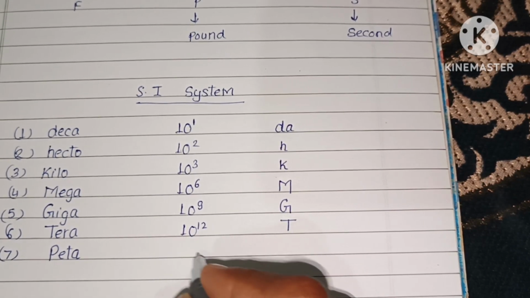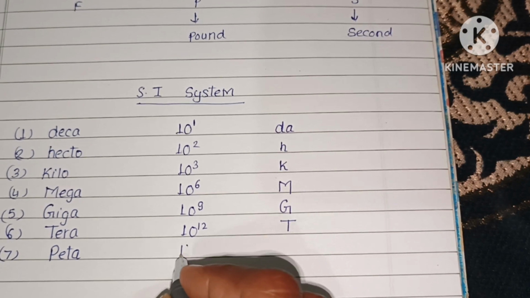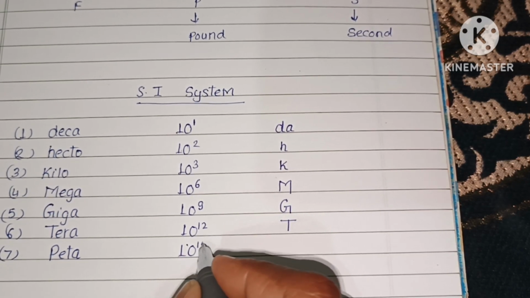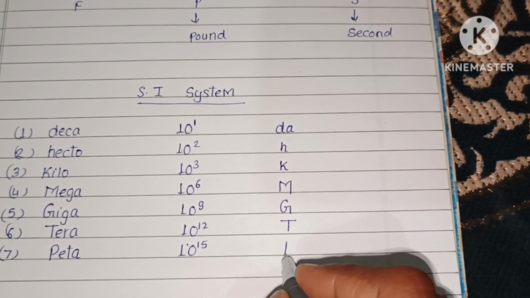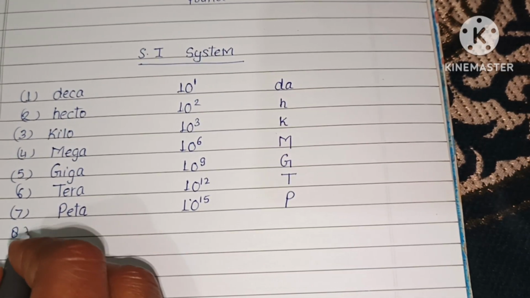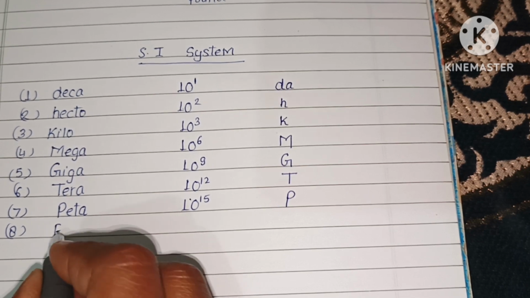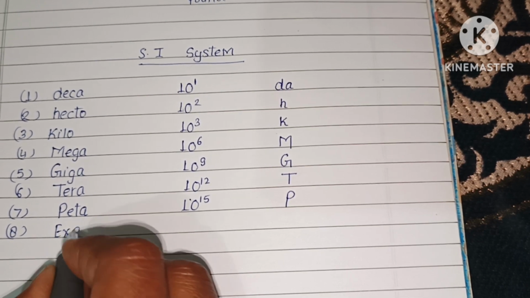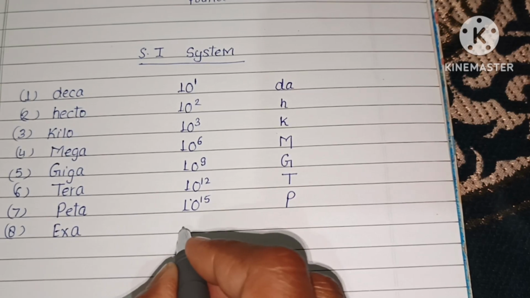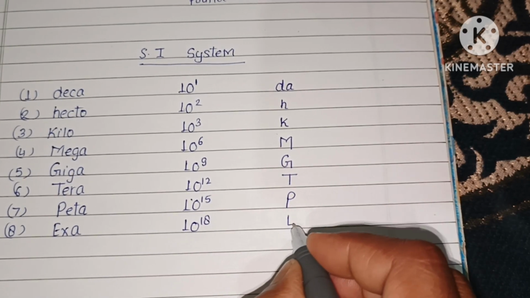That is 10 to the power 15, represented by capital P. Next is exa. Exa, that is 10 to the power 18, and that is capital E.